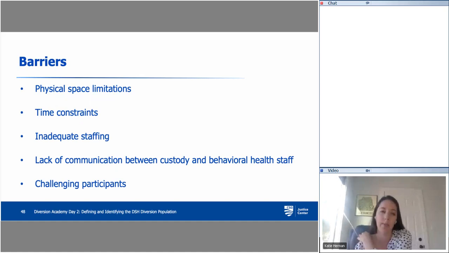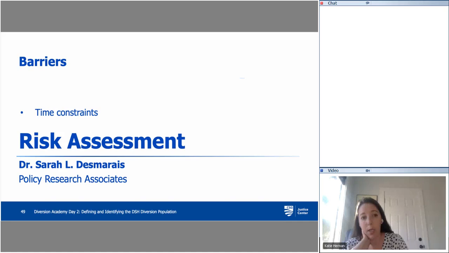They could be detoxing from substances. They could just have a challenging personality, to be honest. So these are all things, of course, to keep in mind. I don't have answers to these barriers, but we know that they exist for sure.